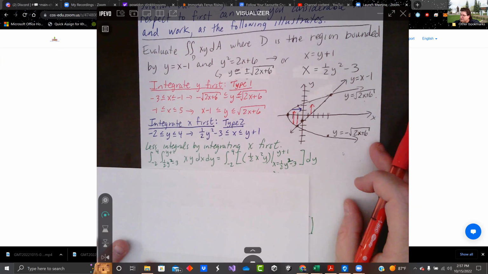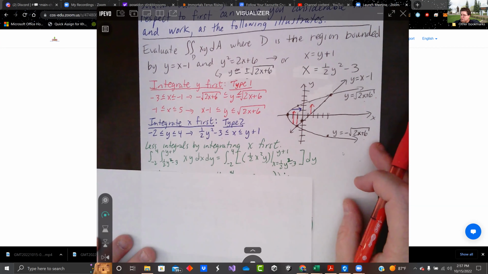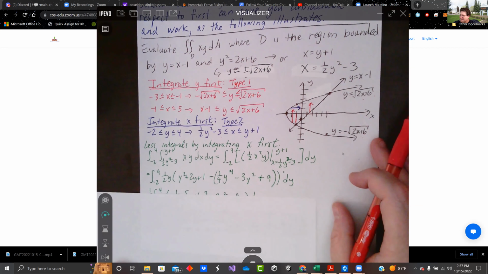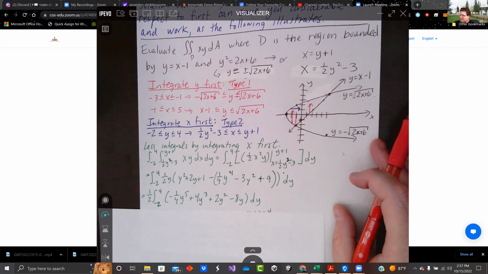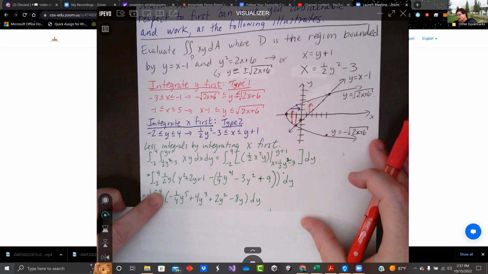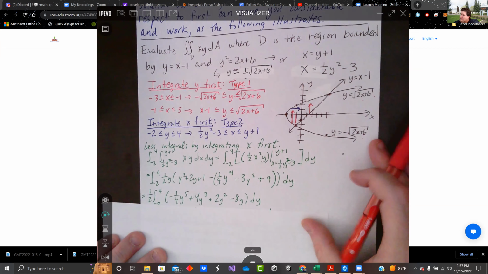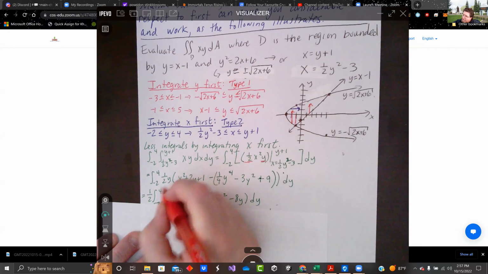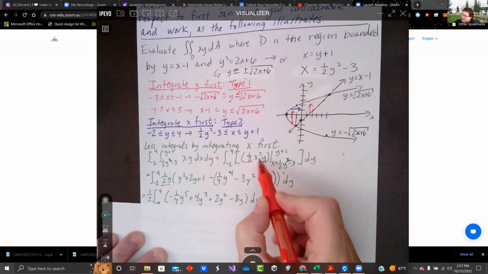We did x first here, 1/2 x squared y, evaluating from x equals 1/2 y squared minus 3 up to x equals y plus 1. Plug it in, we get that. Clean it up, it looks like this. I factored out the 1/2 and moved the y in. Here I just pulled out the 1/2 and the y, put it out front, and then just did x squared of each of these.